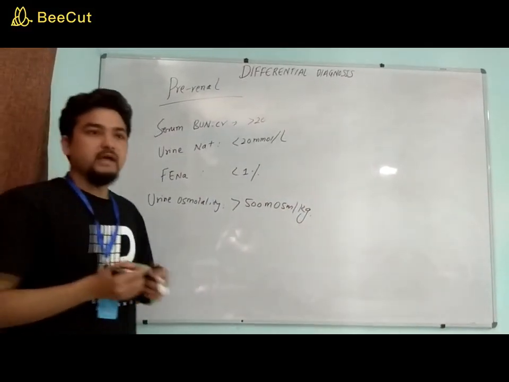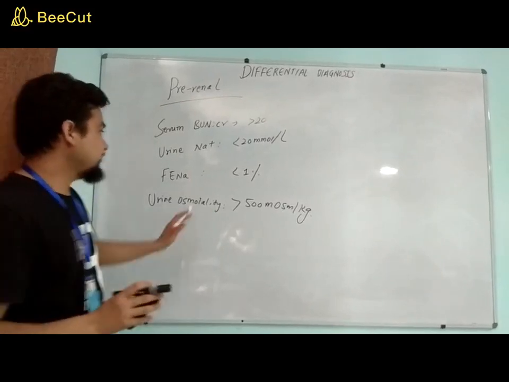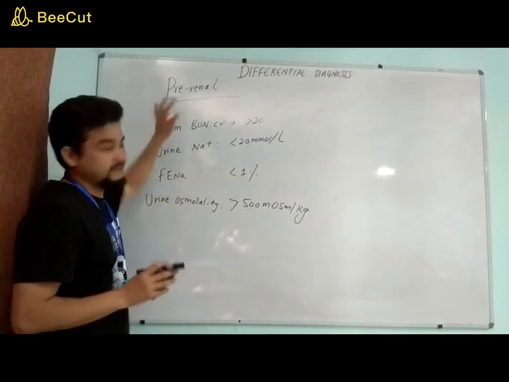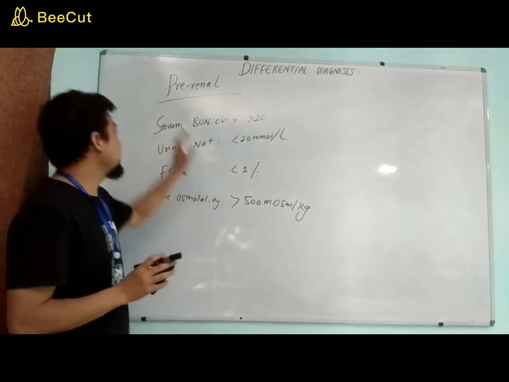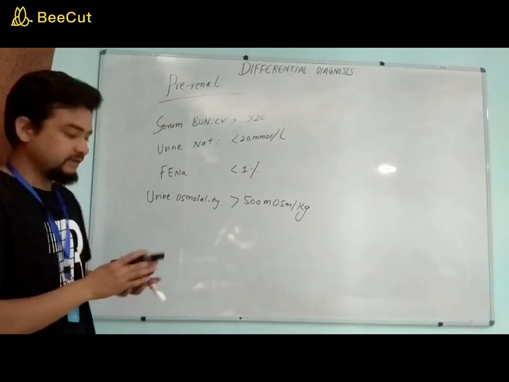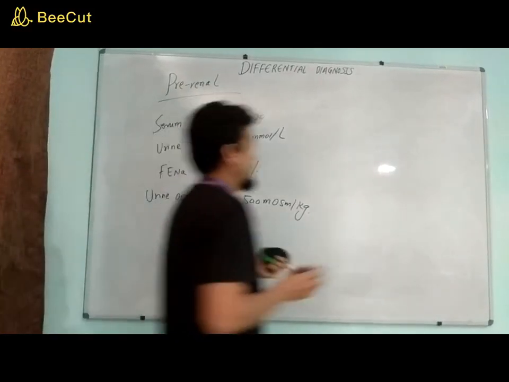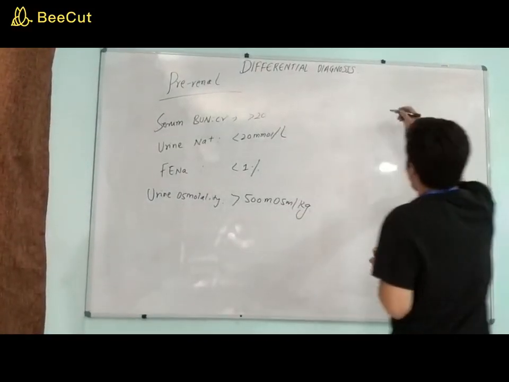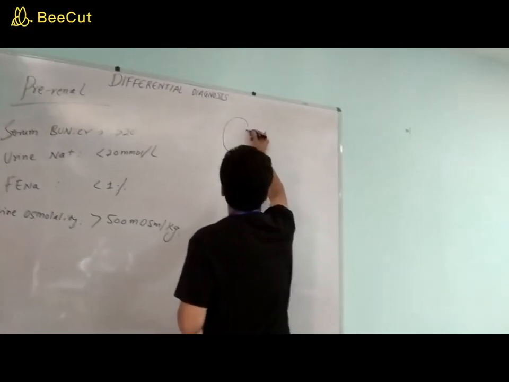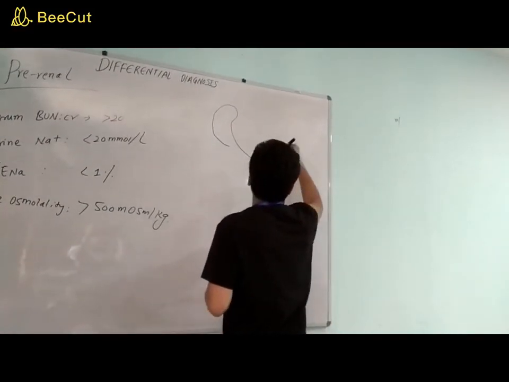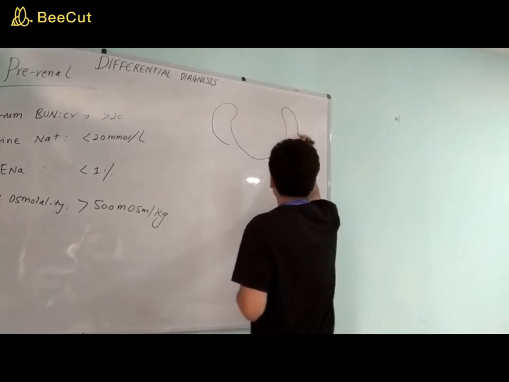Now we will discuss how it happens, the reason behind this in pre-renal disease. Okay, we will try to interpret these values in pre-renal disease. So let's start from a diagram. Here I am making a diagrammatic representation of the nephron of the kidney.